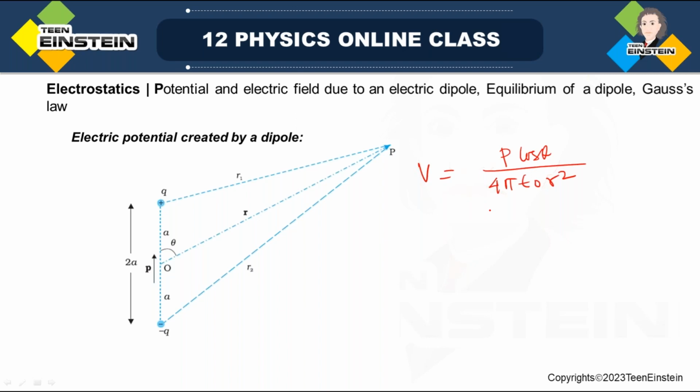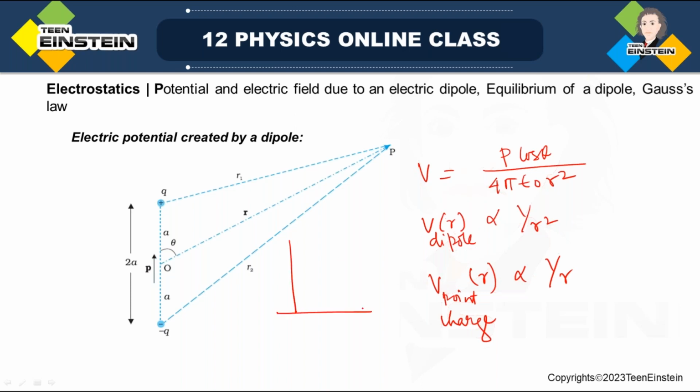So this is the electric potential due to a dipole, and you can see here the potential due to an electric dipole varies as 1 by r square. And in case of a point charge, how does potential vary? It varies as 1 by r. That is what we had discussed yesterday.